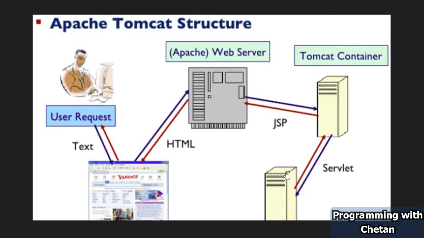And it will be passed to the particular servlet, which will understand the request, or which will listen to the request, and it will process it and return the response back to our web server, which will return the response in the form of an HTML document that is visible on our browser screen. Okay, great. So this is the complete flow, of how the request is flowing from the browser to the web server to the servlet container, and how the response is reaching back to the browser and is visible to the user.